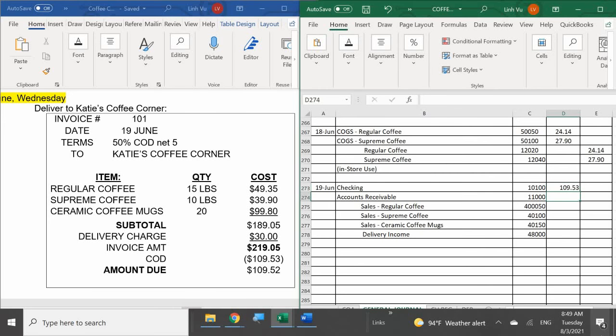Now, of course, if they owe me in grand total 219.05, but they paid $109.53, how much left over do they owe me? 109.52.